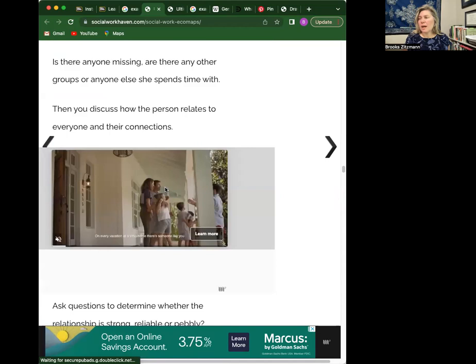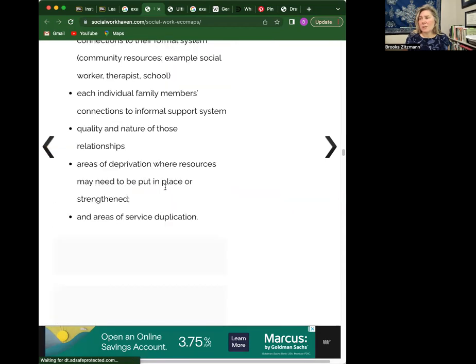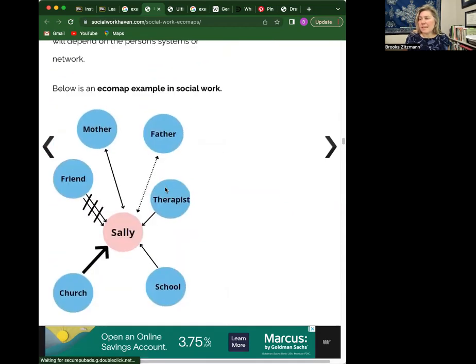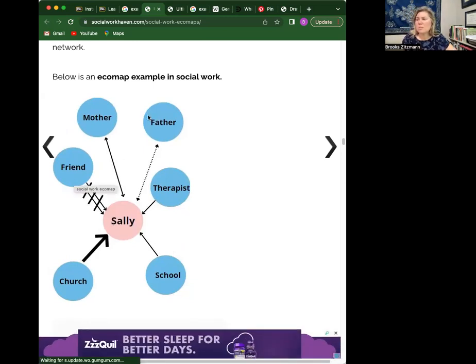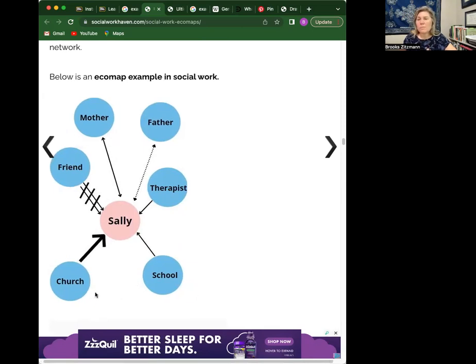So I'm going to go further up, and on the same website, there was another example of an eco map. Again, we see Sally, we see the friend, and we see similar things, right? But just again to note, this can be drawn out with your client. There are elements that are significant in their world, their environment around them, and then you talk through the quality of the relationship.